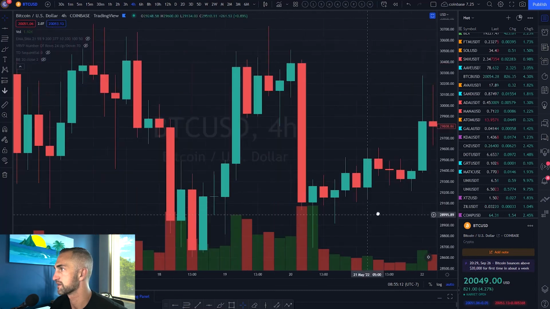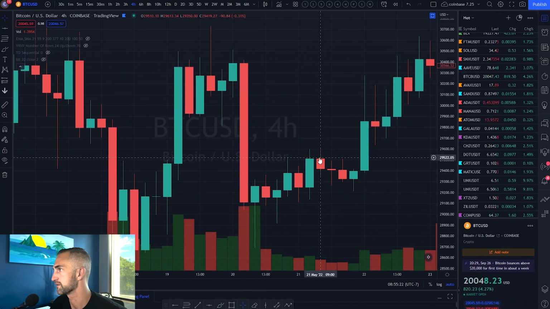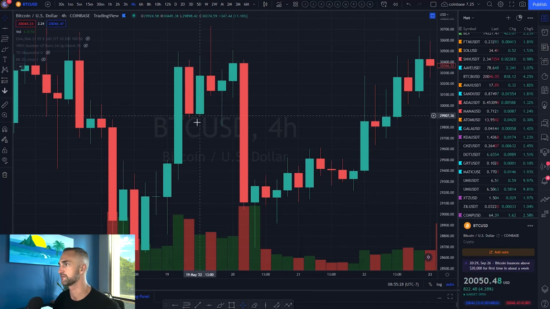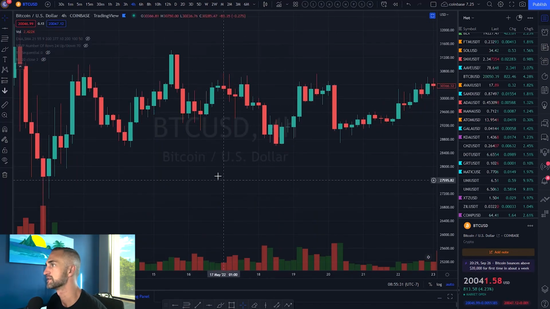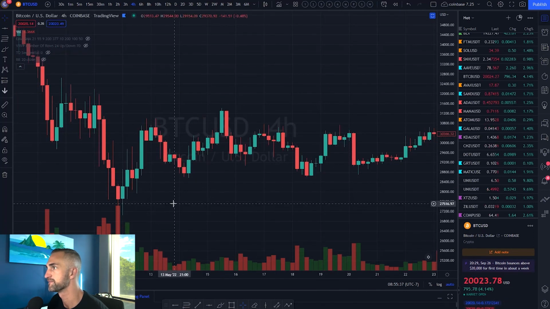Okay, here might be a good example. Your first higher high right here, you enter, versus entering right here. So you would have got it a little bit sooner. I'm a more conservative trader. If anybody knows me, that's kind of my MO, is you want to protect as much money as you can and wait for confirmation.